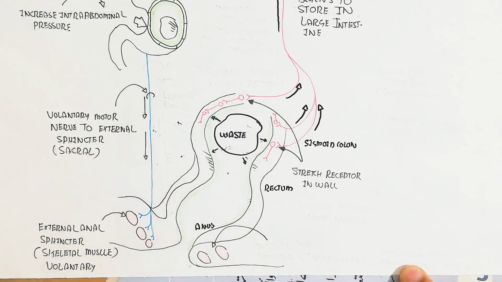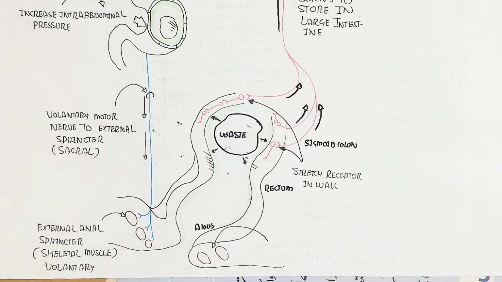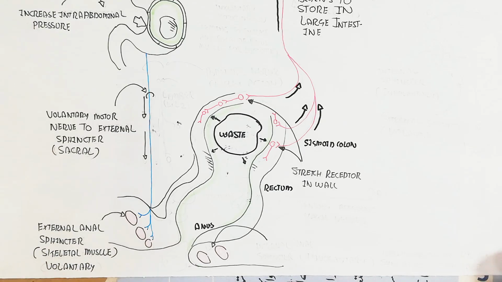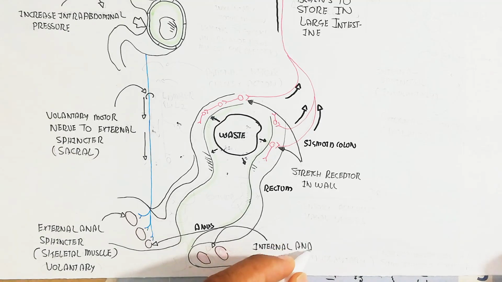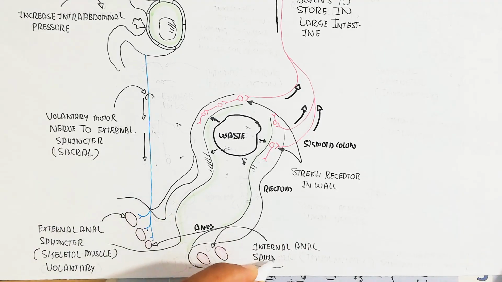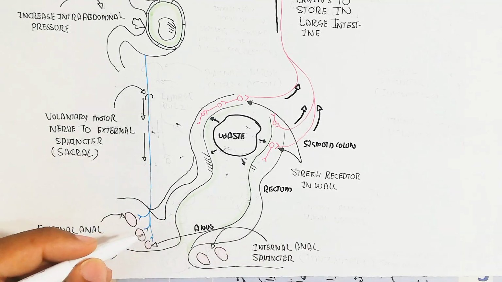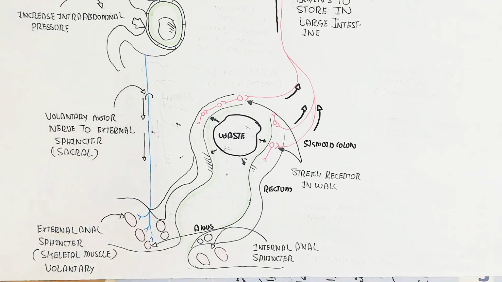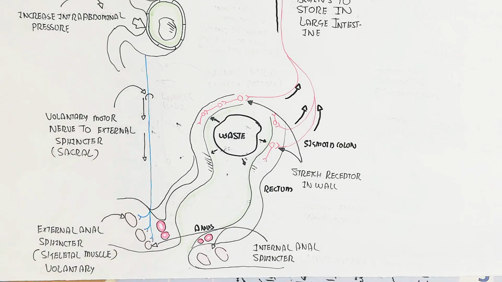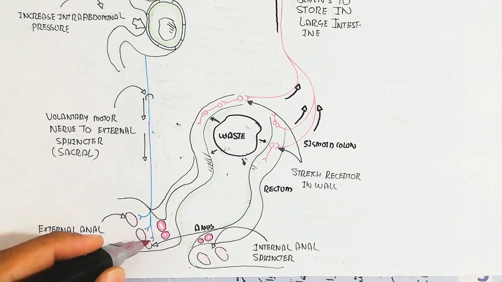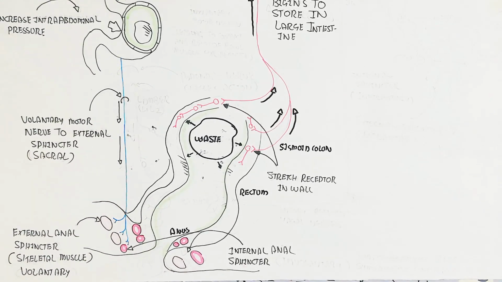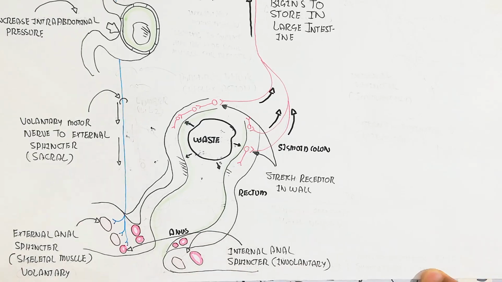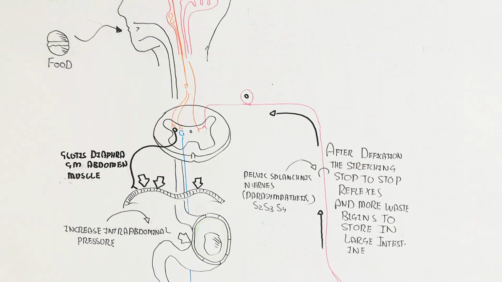But the internal anal sphincter is involuntary. We are unable to control it. This diagram will not show properly, but the dark red color shows the internal sphincter muscle, while the light red color shows the external sphincter muscle. This will transmit the signal whenever we do not want to defecate, so it leads to a voluntary motor nerve to control by our own will.